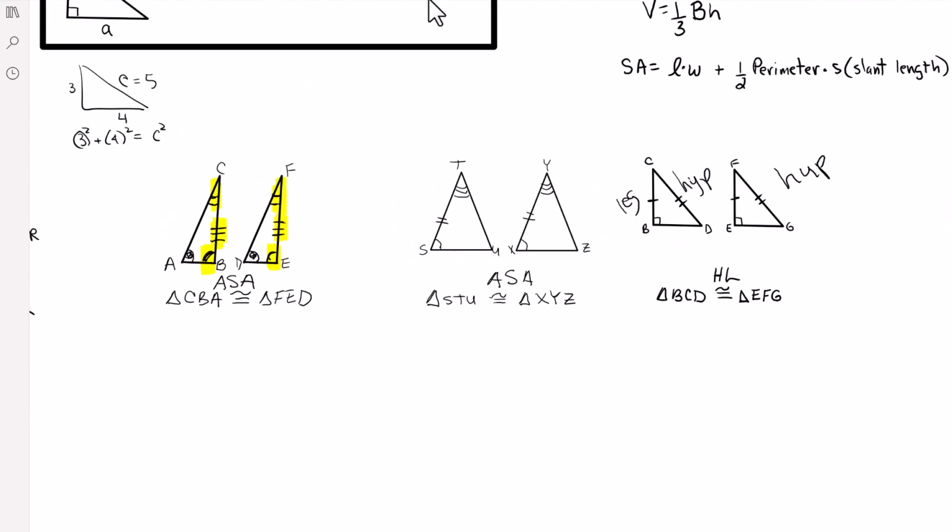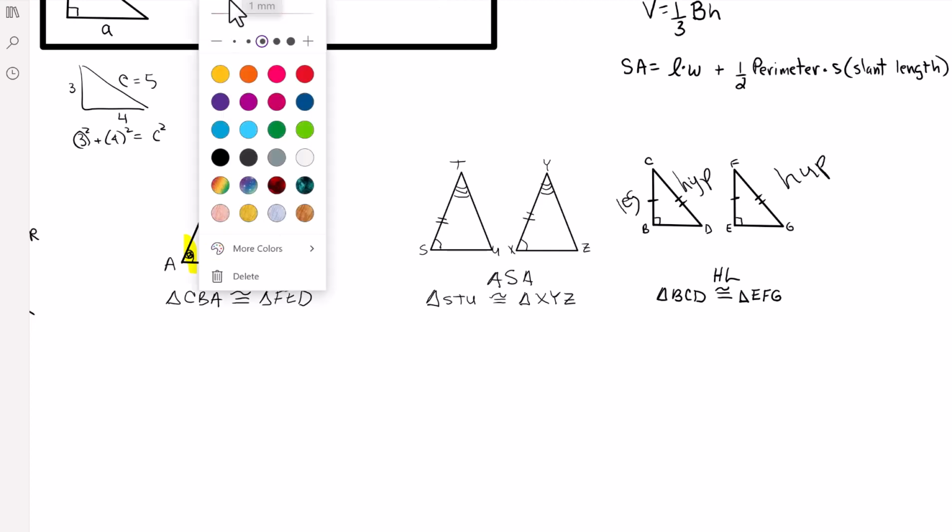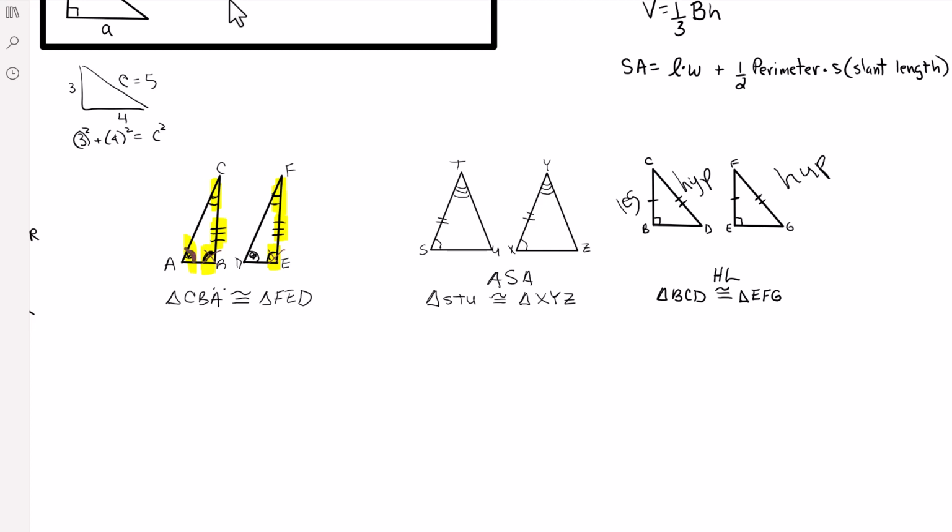And then angle, side, angle. Oh, darn it. This is where I mislabeled it. So I originally had this. I had angle, angle, side.